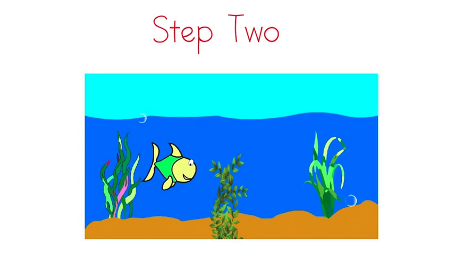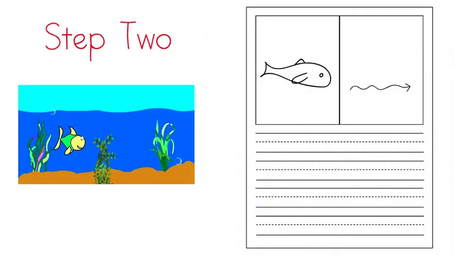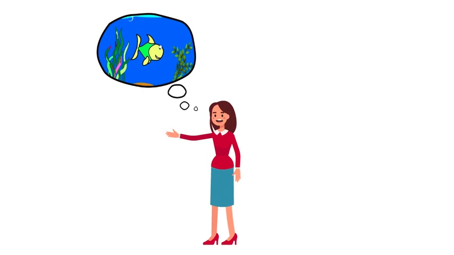A fish swam. Don't need to draw a fish again. Instead, an arrow can be drawn to show that a fish swam. Great job! Step 3. Add more information about the idea. Look at our idea. There's more we can tell about this idea.